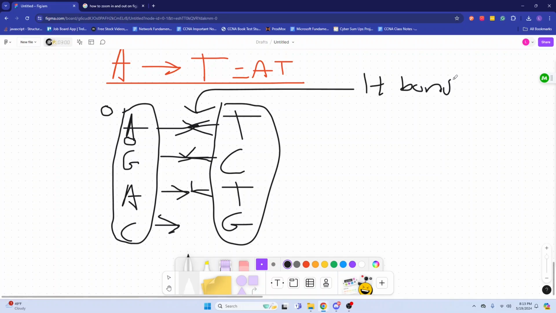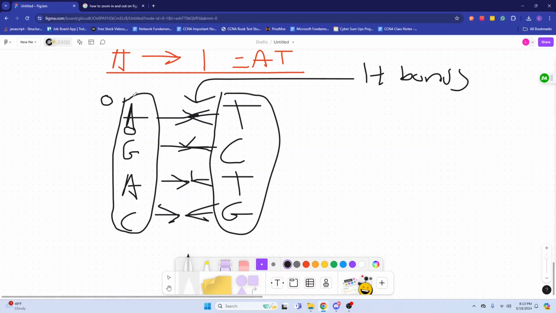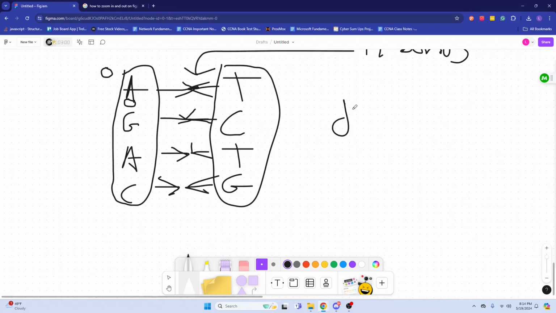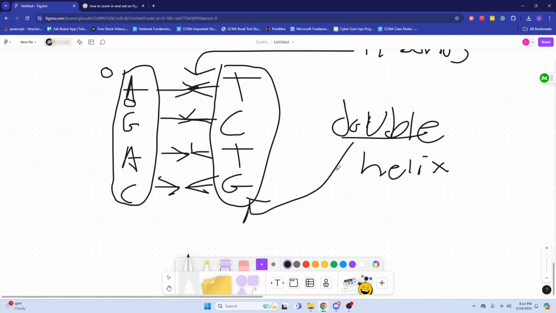This is double-stranded DNA. So this is part one of the double helix. Everybody knows what that looks like. This is the double: one strand here and one strand there, and these are bonded together.